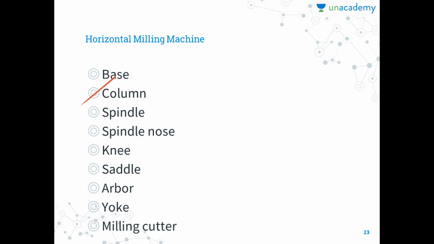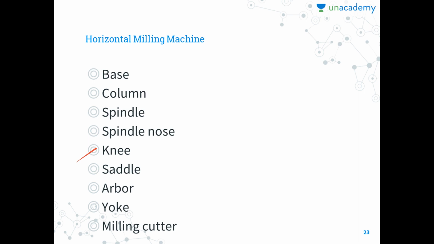The spindle receives power mainly from the motor. It supports an overarm at its top. The knee is supported on an elevating screw and on the guideways on the column. It can be moved up and down like we have seen with the drilling machine. Then the table may be moved up and down, which we already know.